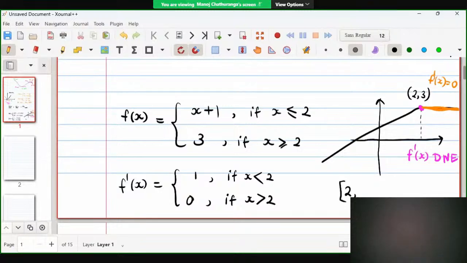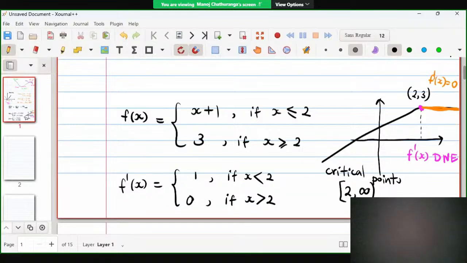So the set of critical points looks like 2 to infinity, including 2. These are the critical points.